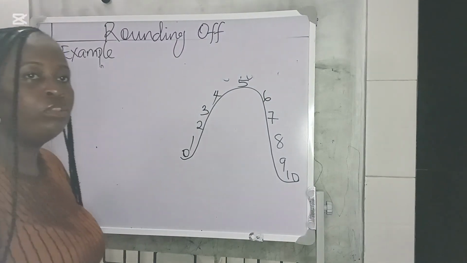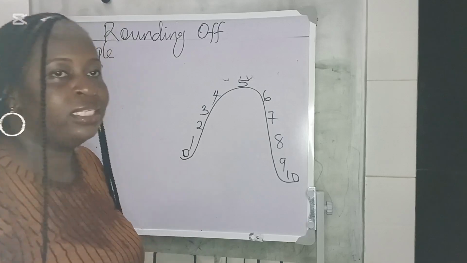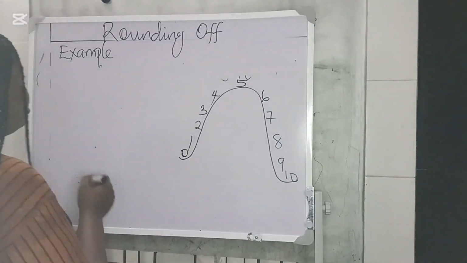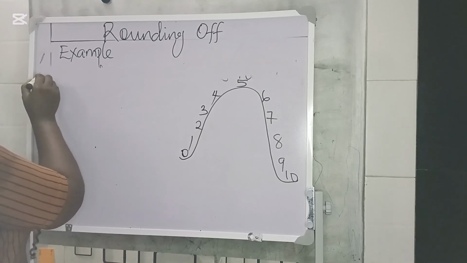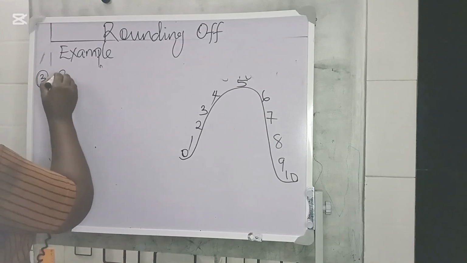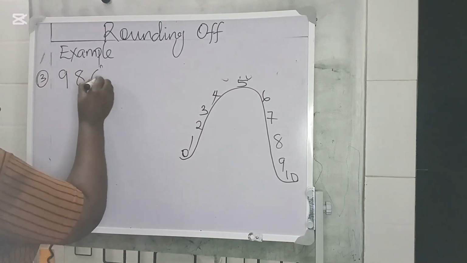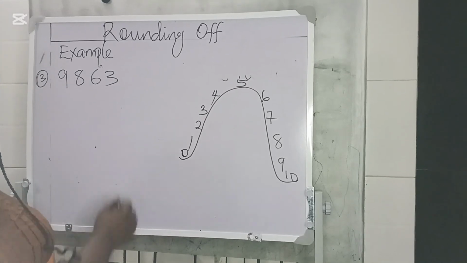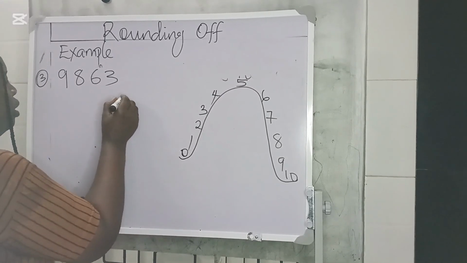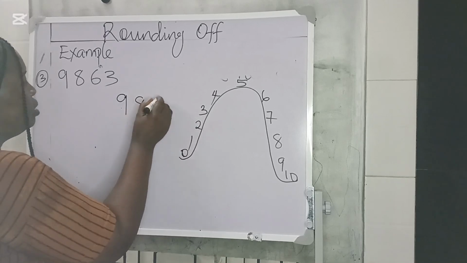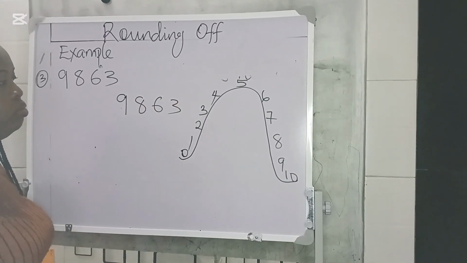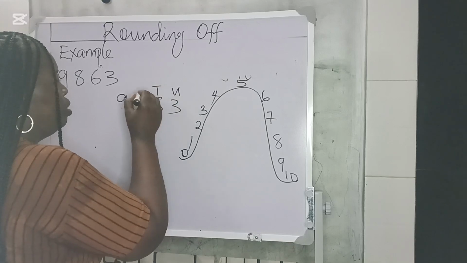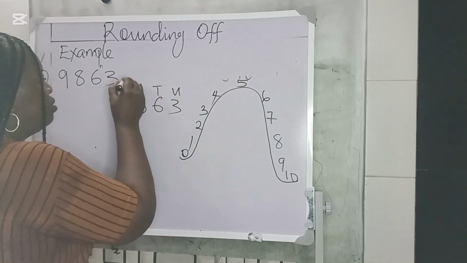We are going to round off 9,863 to the nearest 100, number 3. Now let's bring it down this way. 9863. Let's place our units, tens, 100 and 1,000.